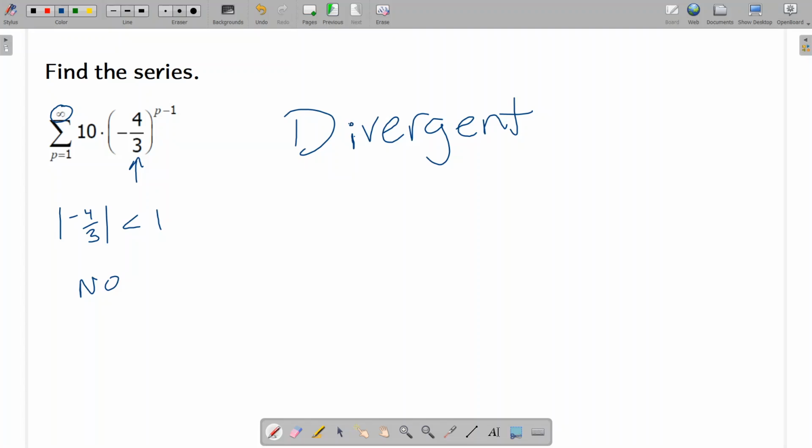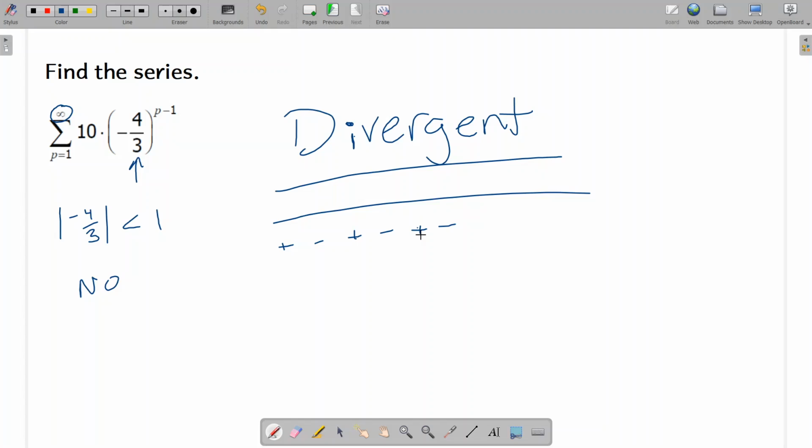So there's not a particular sum that it approaches. And with this one, we can't say negative or positive infinity because the common ratio here is negative, which means that our terms are going to alternate between positive, negative, positive, negative.